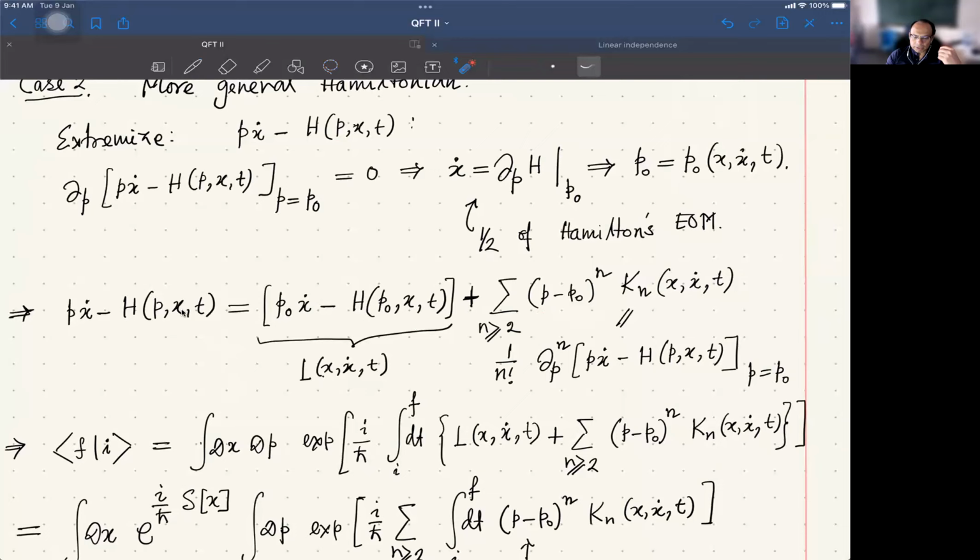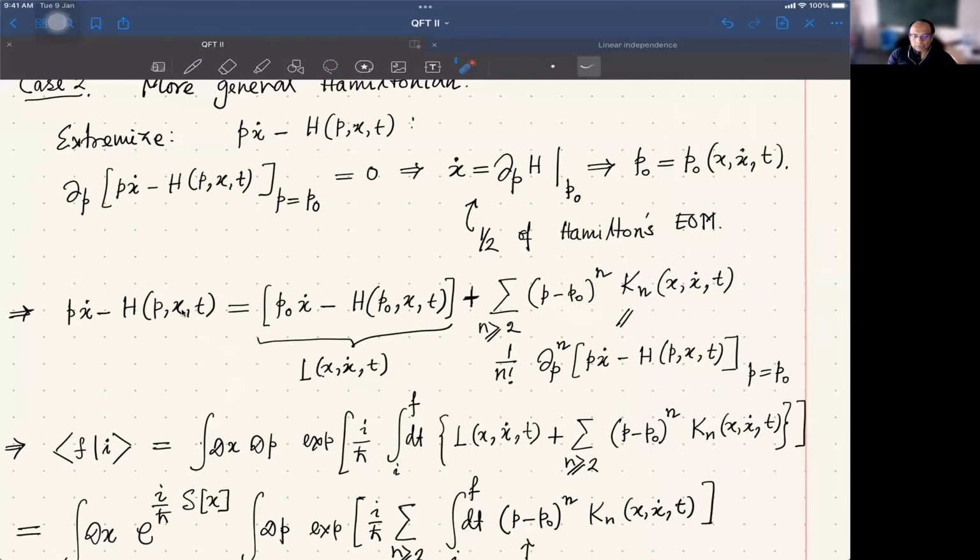So the fluctuation of p around p0, that is, if you write p equals p0 plus something, that is the fluctuation. For any momentum function, it is how far it deviates from this classical expression, which is used while doing the Legendre transformation.